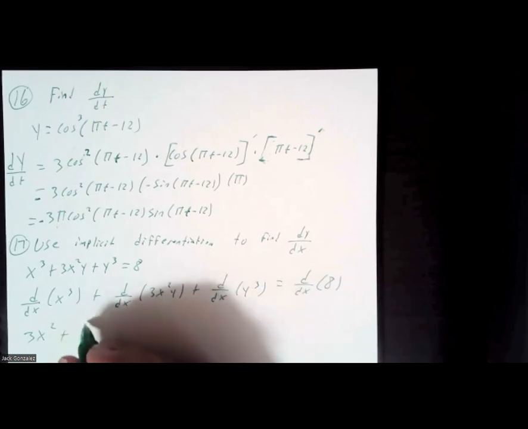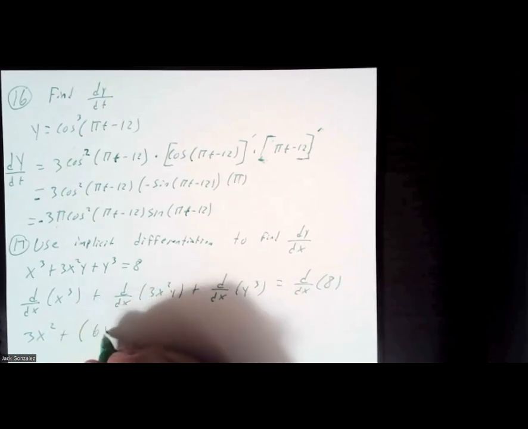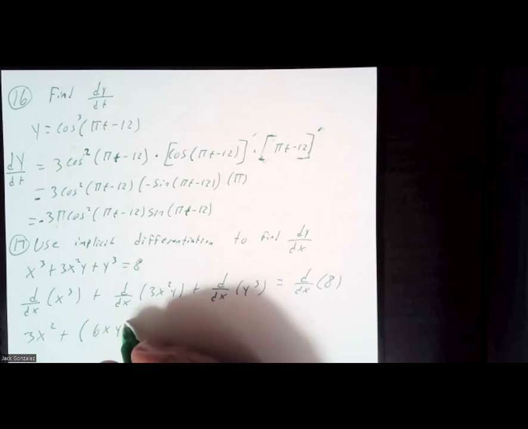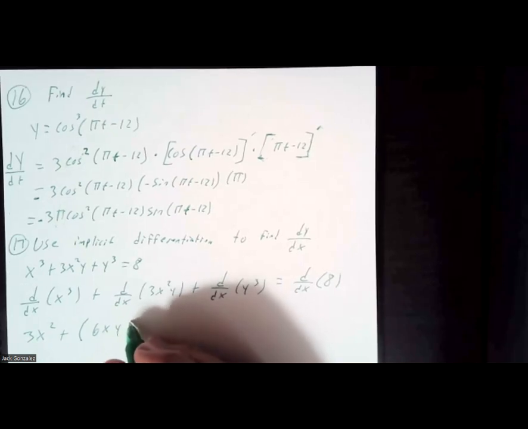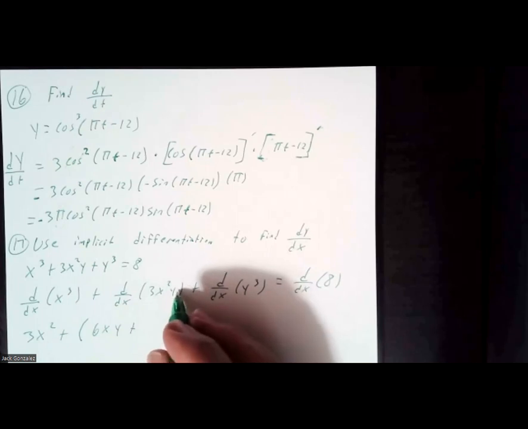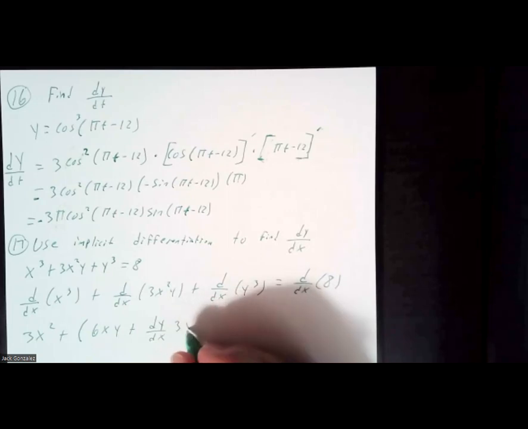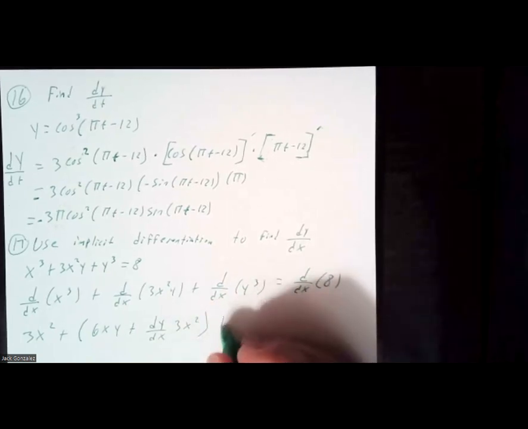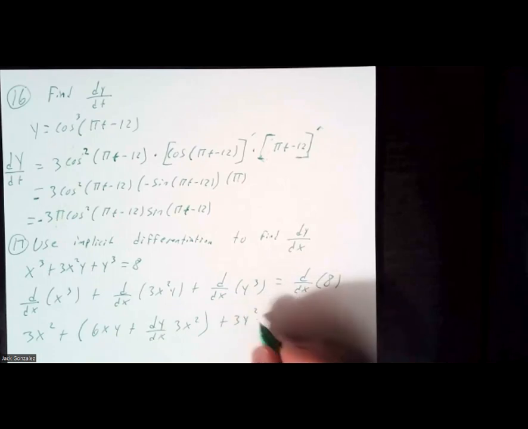This will become 6x, right? Product rule. Derivative of the first part times the second plus derivative of the second part, which is dy dx, times the first part. Derivative of this will be a power rule and then times the implicit piece.